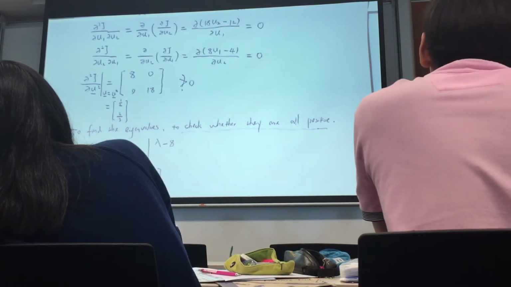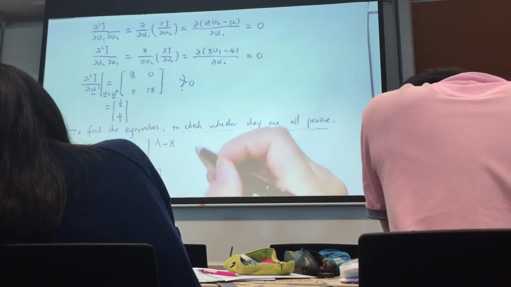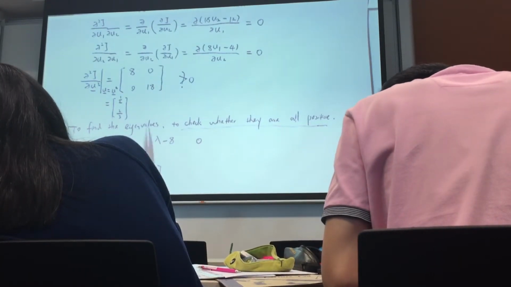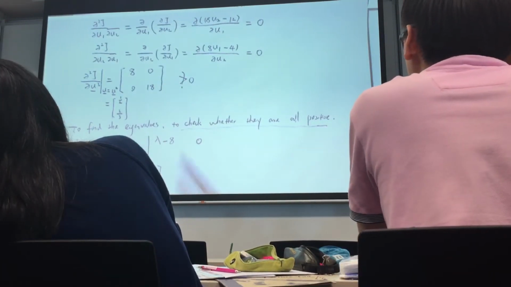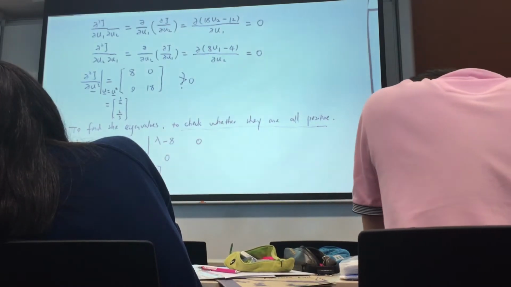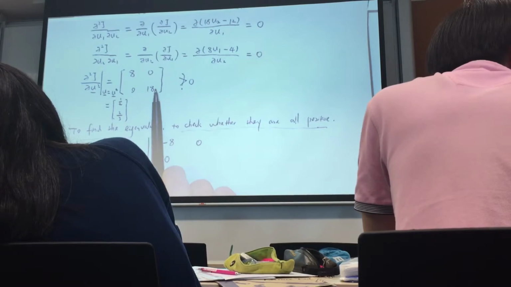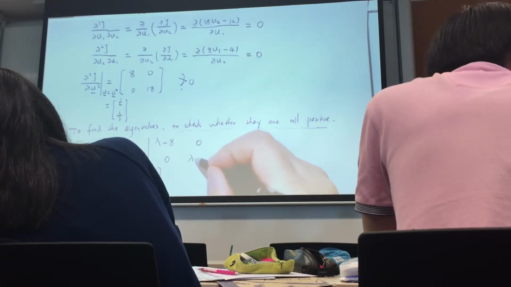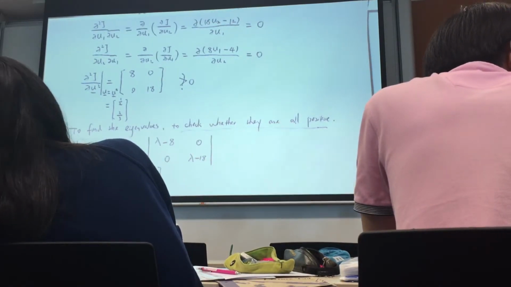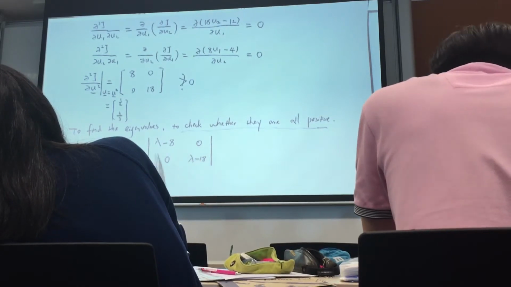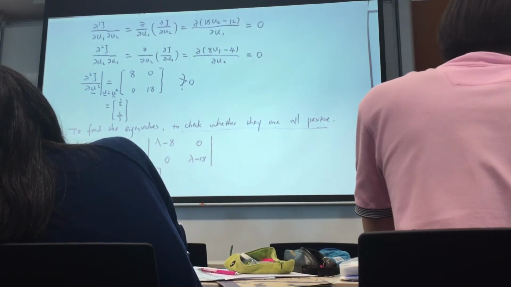The second element is 0 minus 0, so it is 0. The third element is 0 minus 0, so you have a 0. The last one is lambda minus 18. So we got this matrix and we calculate the determinant.